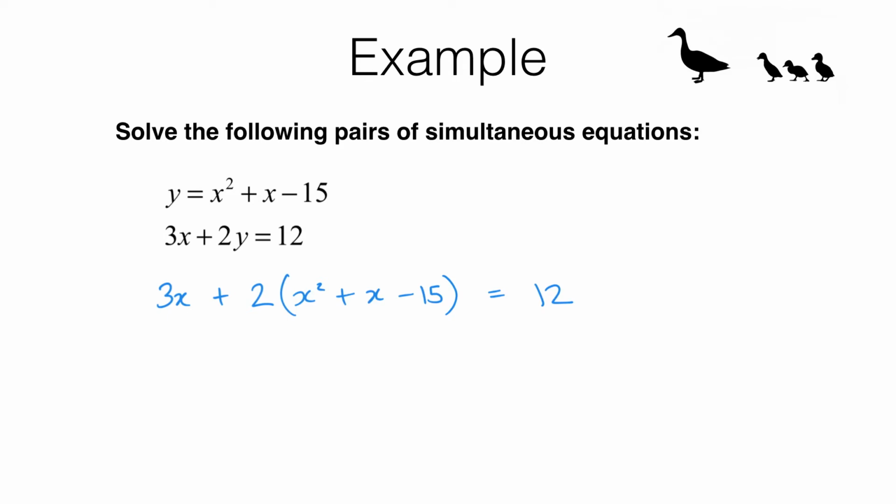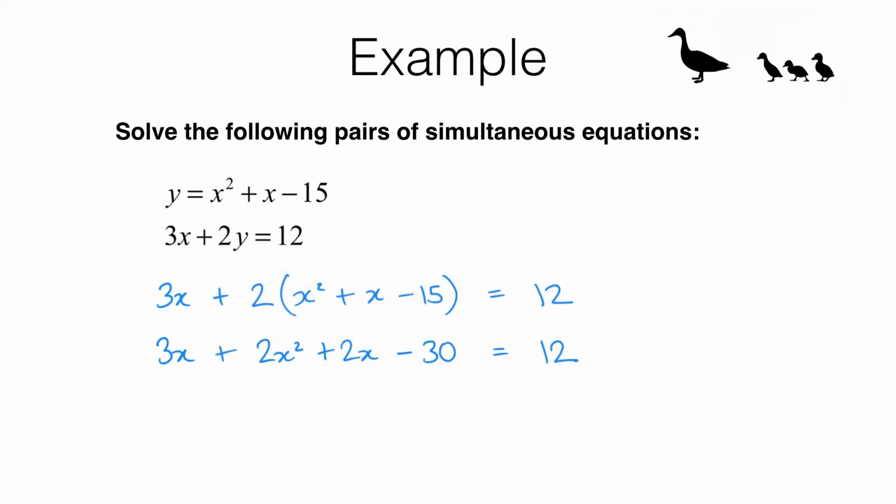Now let's expand and simplify the left-hand side. We have 3x plus 2 lots of x squared, which is 2x squared, plus 2 lots of positive x, which is plus 2x there, plus 2 lots of negative 15, which is effectively minus 30. And all of that equals 12.